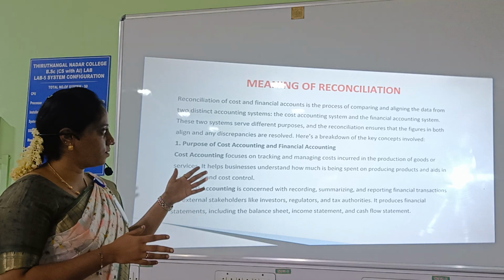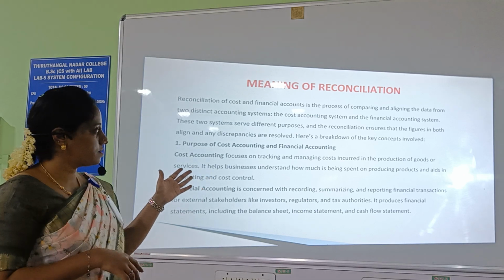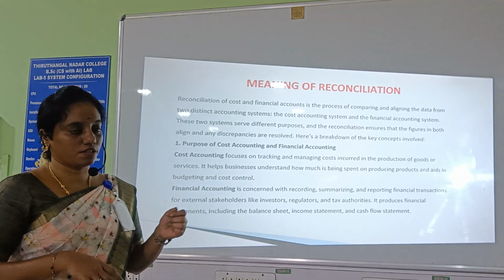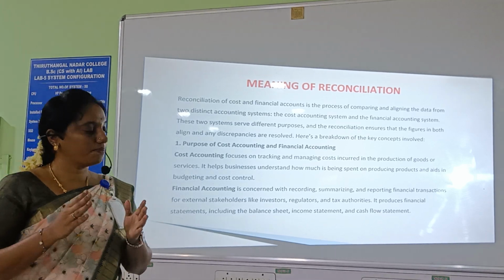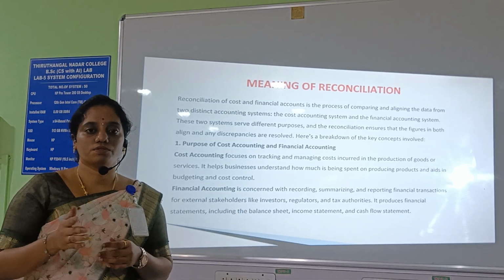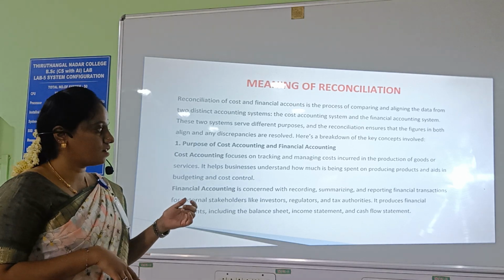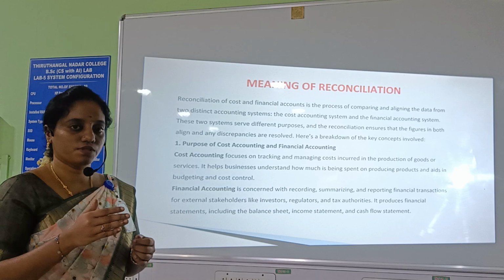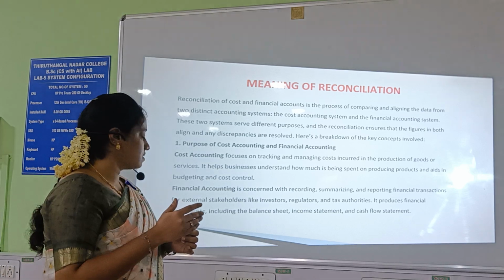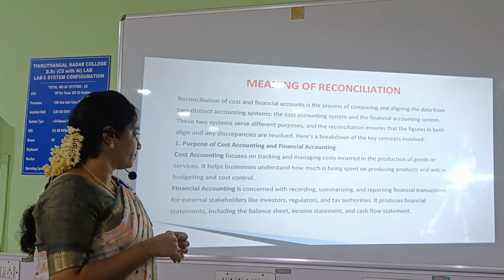So these are the breakdown of key concepts. First one is the purpose of cost accounting and financial accounting. Cost accounting majorly focuses on the production of goods and services and the cost involved in it. It helps businesses understand how much is being spent on producing products and aids in budgeting and budget control.